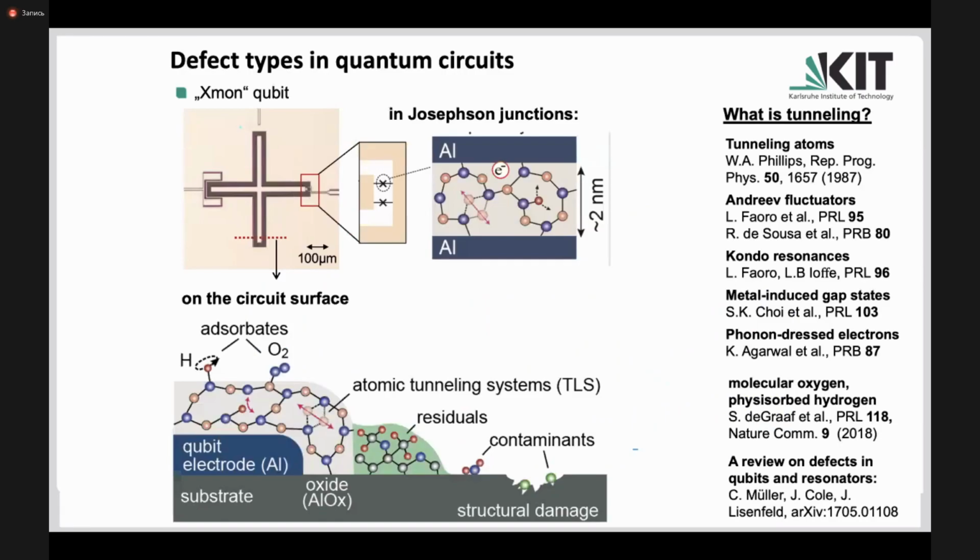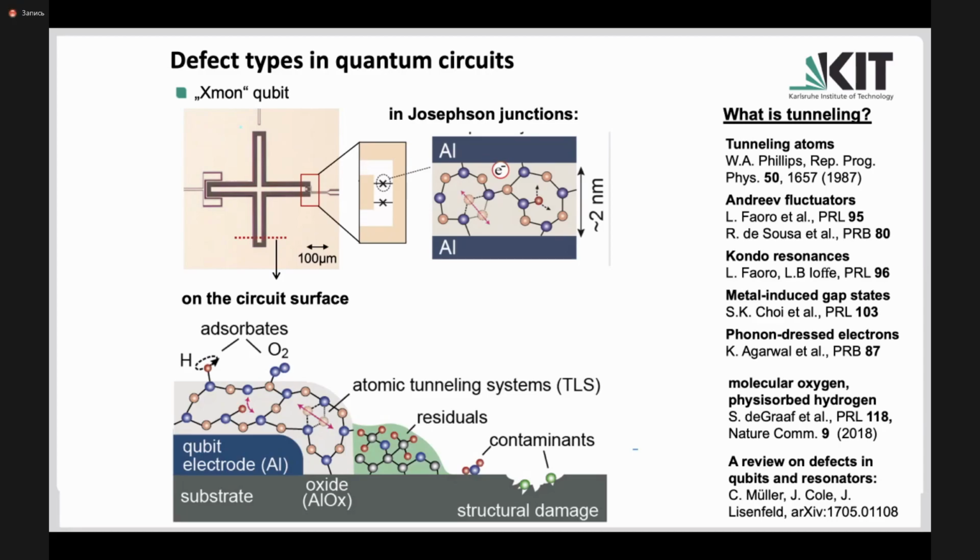And now we know that there have been more than 10 years, or about 15 years, of studies of these defects in superconducting qubits. And I should say that my group in Karlsruhe really contributed to that with a number of very interesting discoveries. So we know now that these defects are formed in the tunnel barrier of the junction.